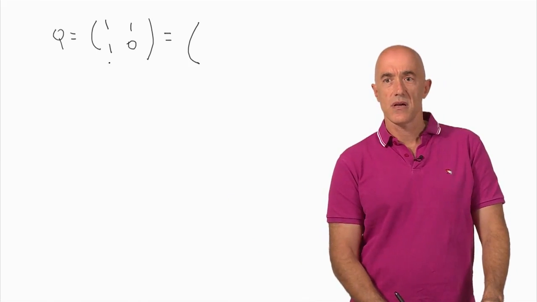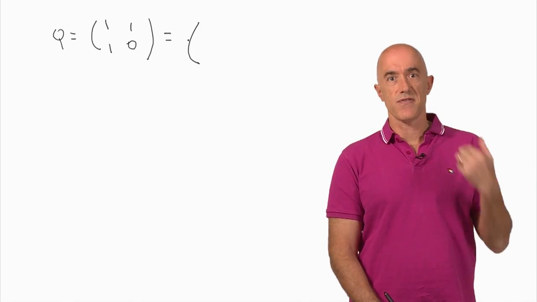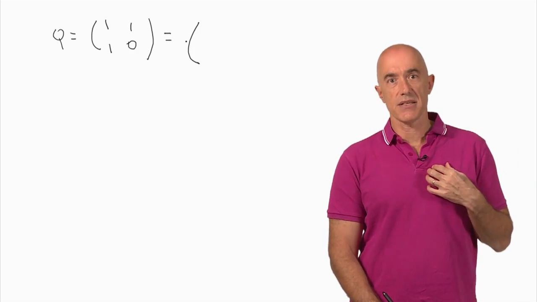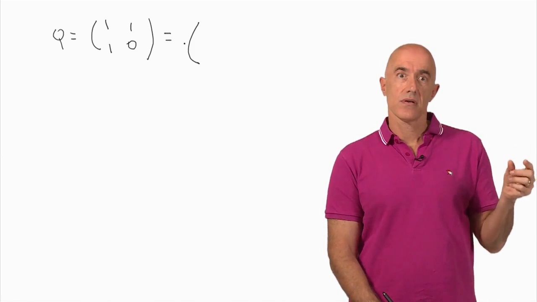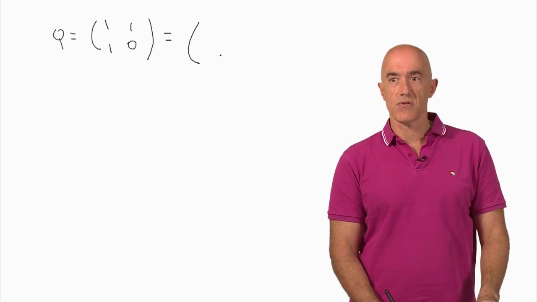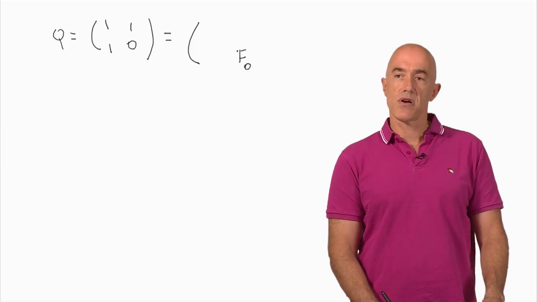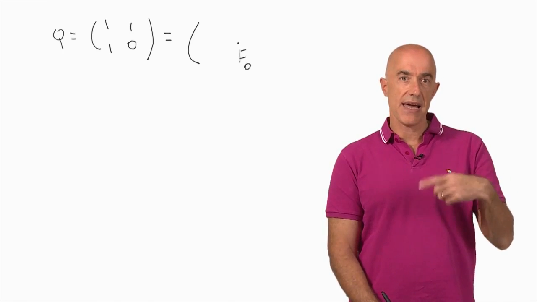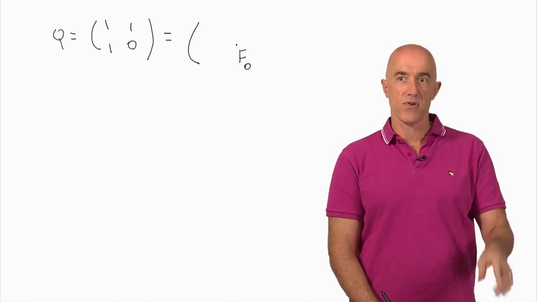So these ones are Fibonacci numbers. F1 is a Fibonacci number, which is equal to 1. And F2 is a Fibonacci number, which is equal to 1. And F0 is a Fibonacci number, which is equal to 0. So actually, this 0 is F0. And when we multiply Q by itself, we're going to be adding the first row to the second row to replace the first row.